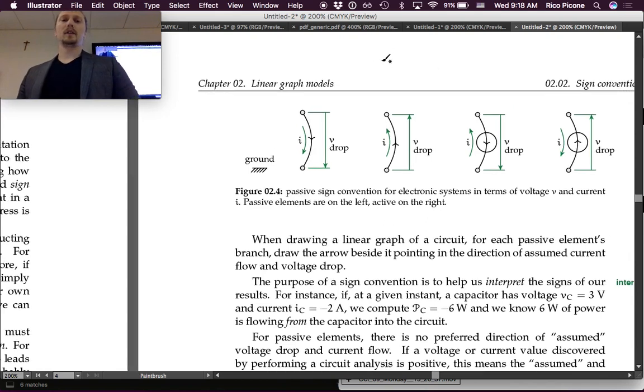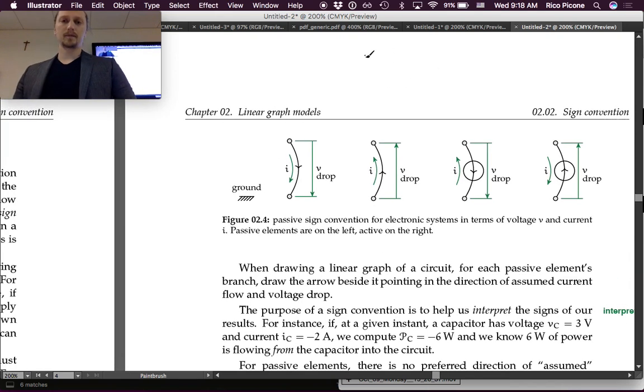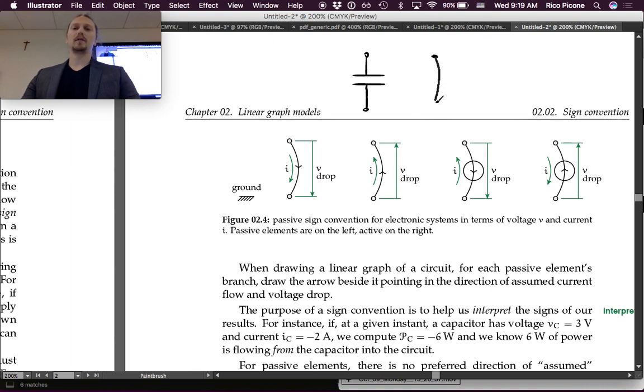So let's look at a capacitor. Let's say that we drew a linear graph element, a branch representing it, just like that.